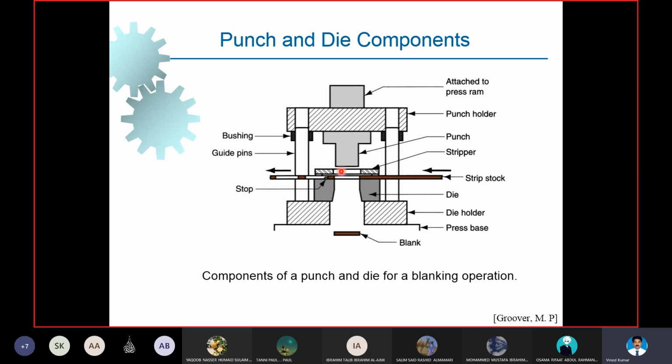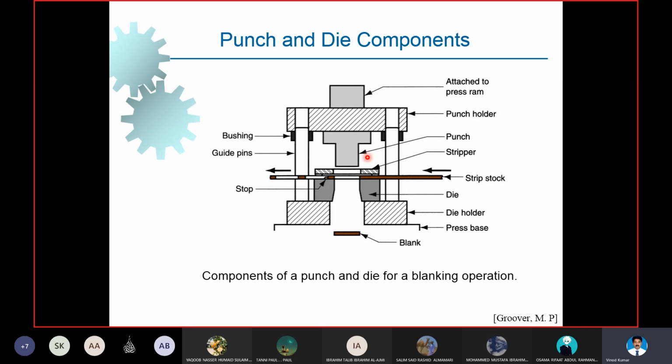So in a blanking operation, you will have a punch, a die, the material, and a stripper, because sometimes the material holds the punch, and to avoid that you use a stripper. As the punch moves downwards, it shears the material and the product comes out. This is the product from the operation, and this becomes waste material for blanking.